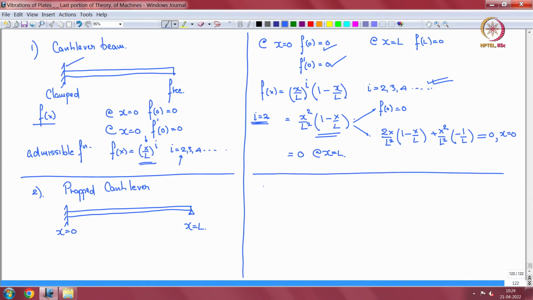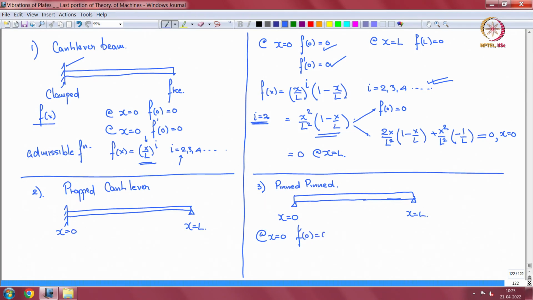Next, let's say we have a pinned beam. That means simply supported. So we have a support here. It cannot support a moment. Another support here, x equal to 0, x equal to L. Then at x equal to 0, what is the condition?